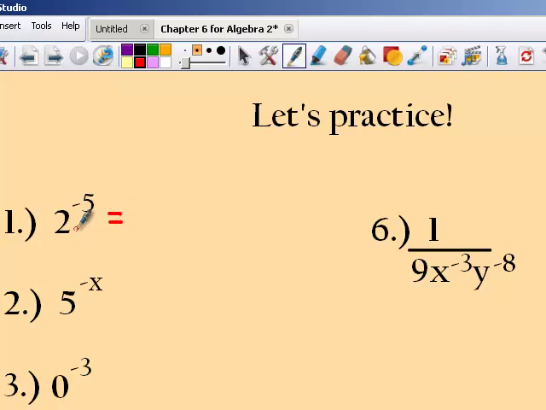Right now this is on top, so we're going to go to the bottom. And that 5 becomes positive. And when you have nothing left on top of the fraction, you're just going to put a 1. And now if you take it further, you have 2 to the 5th power. In your calculator, that equals 32.